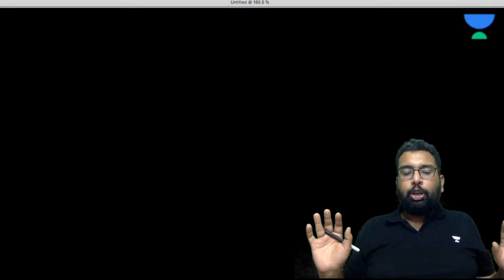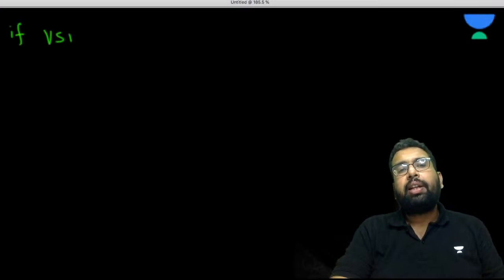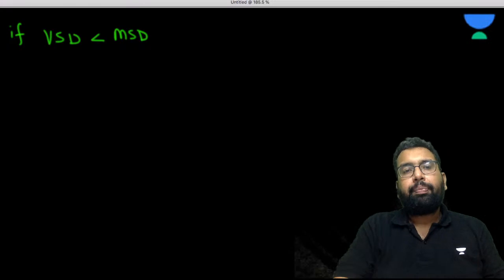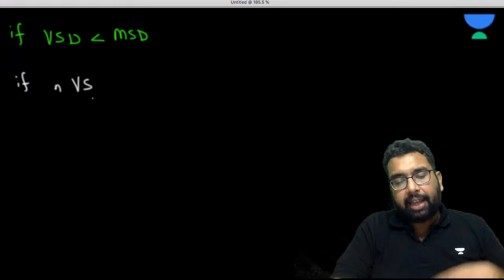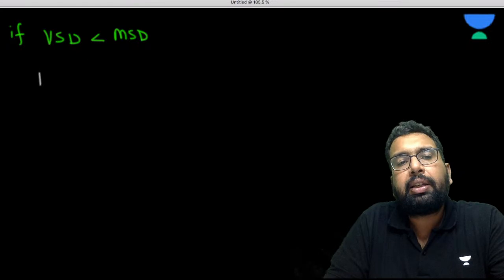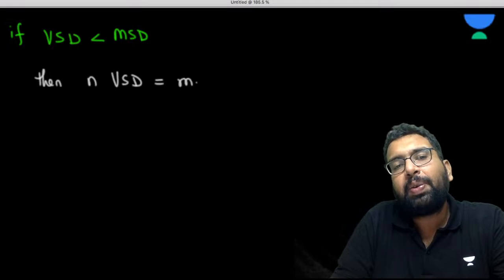So in a general Vernier caliper, if a Vernier scale division is less than the main scale division, then n Vernier scale divisions are equal to m main scale divisions.